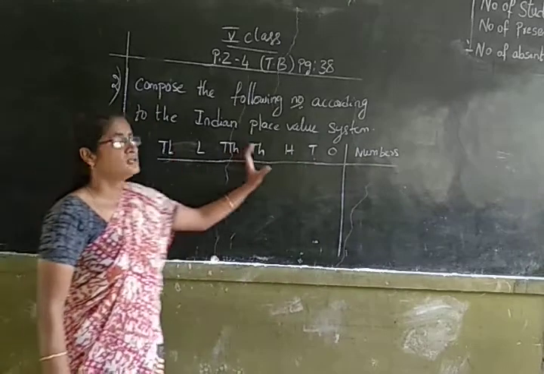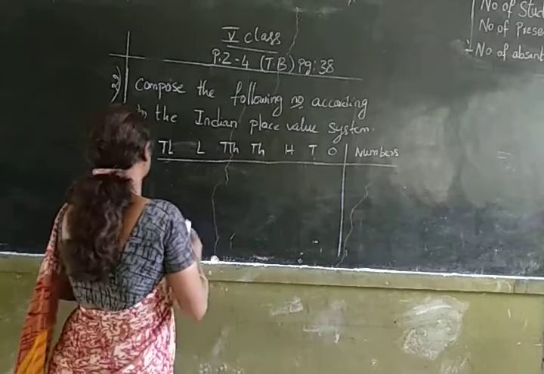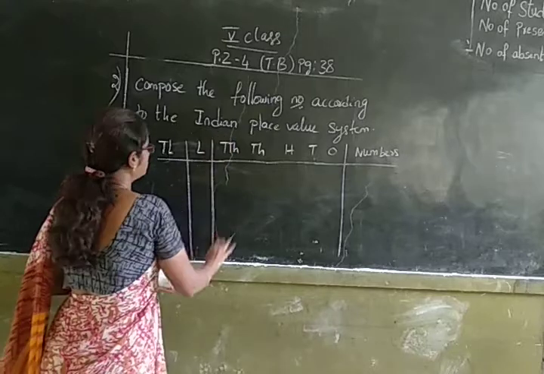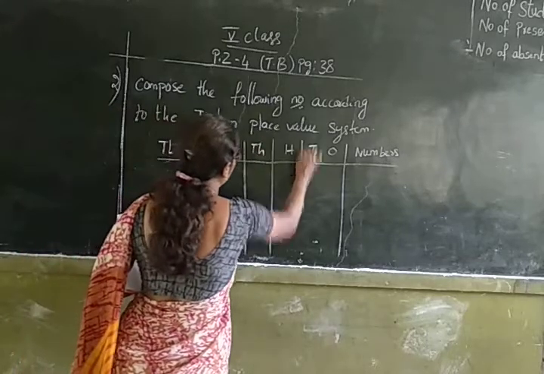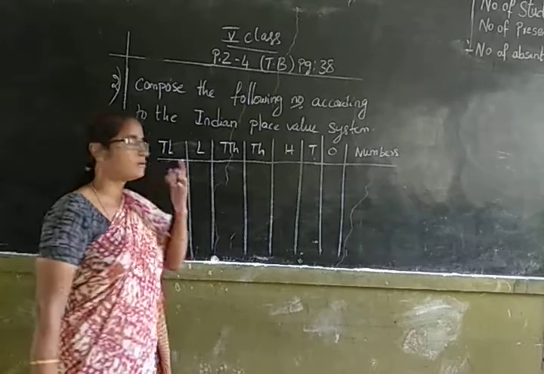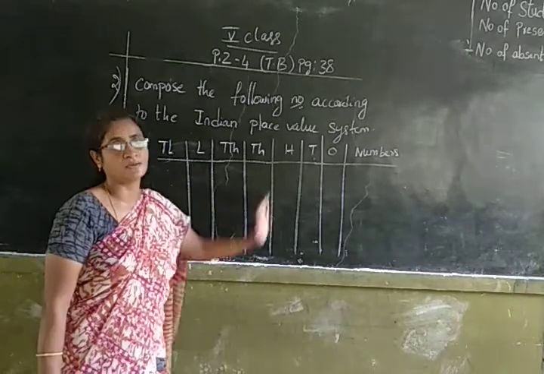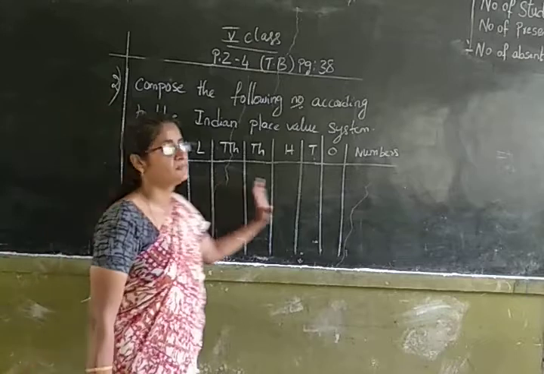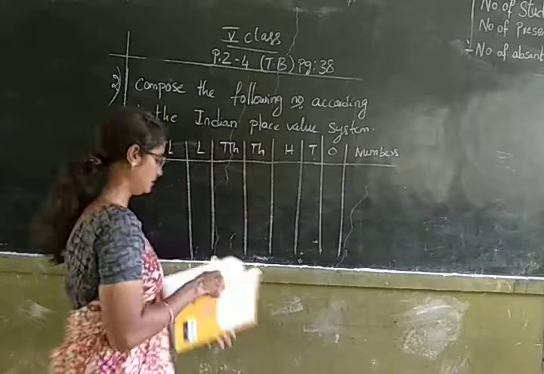So I have written the place values of Indian system. Okay, children? Compose means putting together the large number by its places.